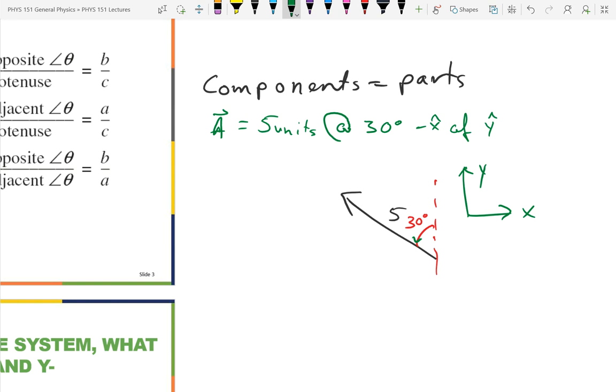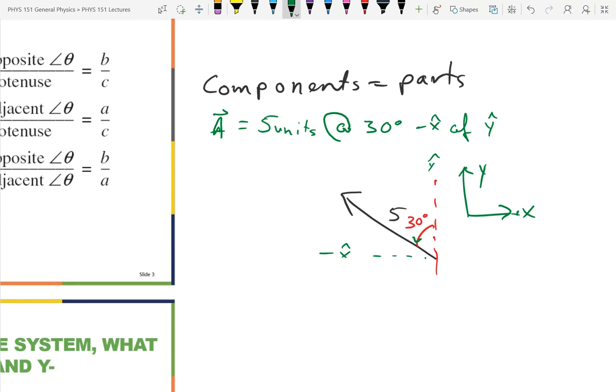Because since the plus x-axis is over here to the right, and this is going toward then the minus x direction. So I have it specified there in magnitude and angle.